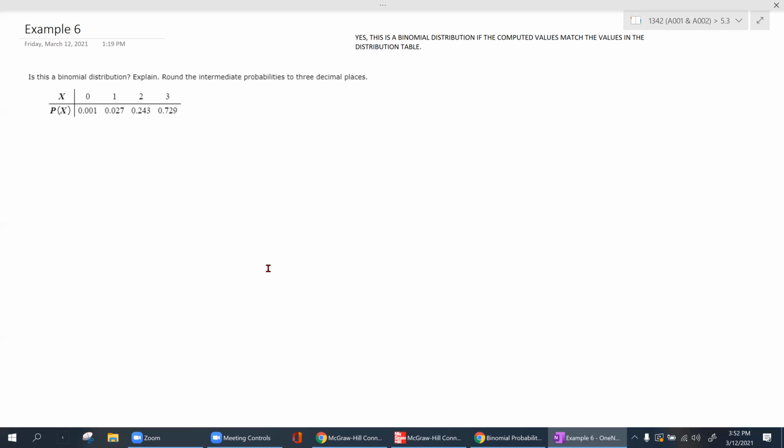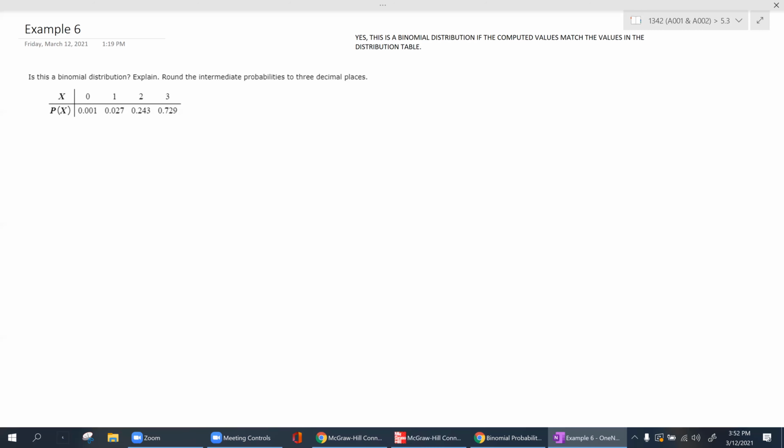You would know this by calculating each value, and each value that you calculate is given. Let's see what exactly I'm talking about. One of the first things we want to do is locate my sample size, my n, my x, my p, and my q.